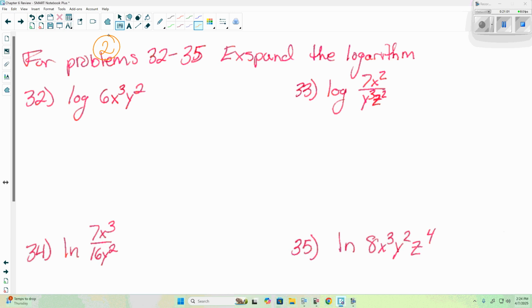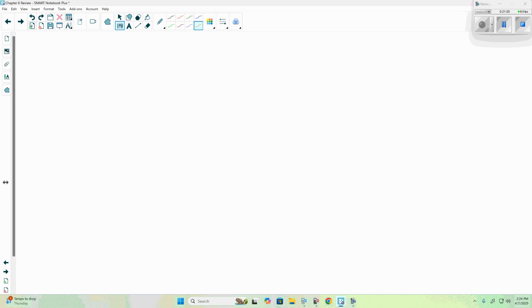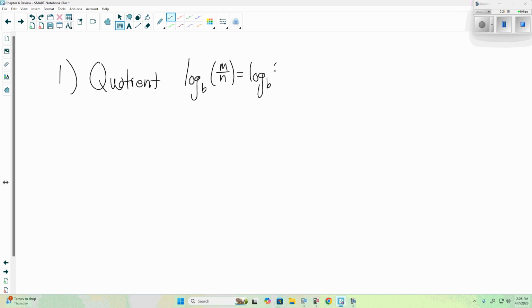Expanding these. Now, expanding comes in 3 main steps. First is the quotient. Log base b of m divided by n is equal to log base b of m minus log base b of n. 2 is our product.